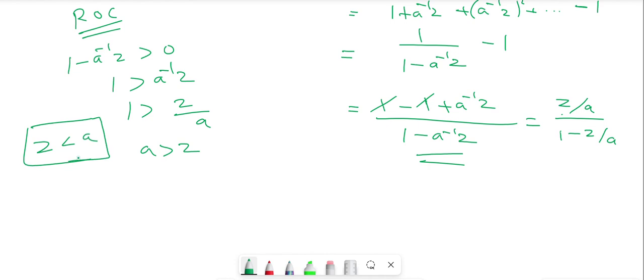Okay, the next problem. Some problems, for example, x of n into a power n u of n. Here we use the differentiation property.